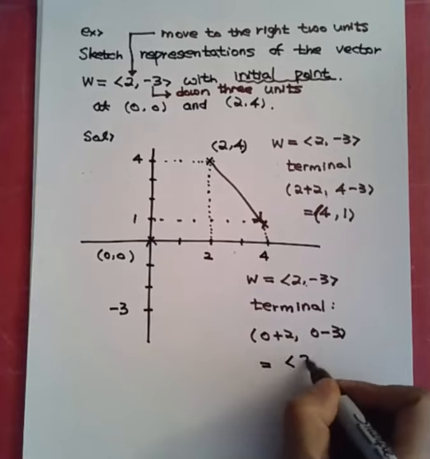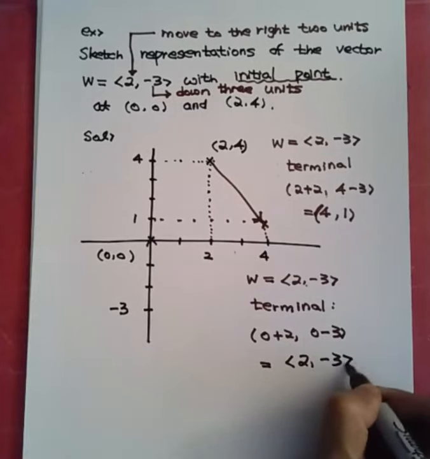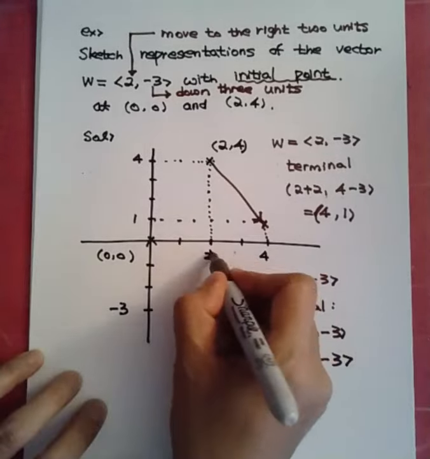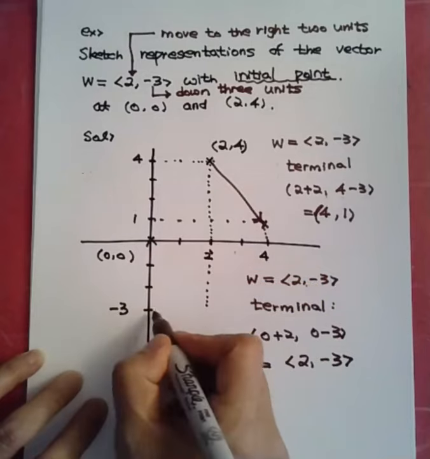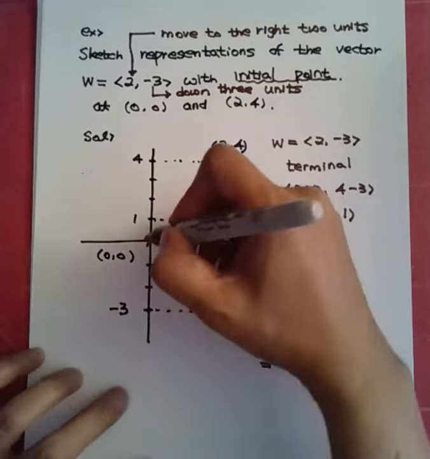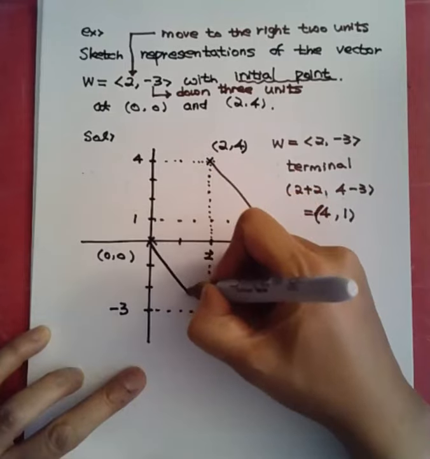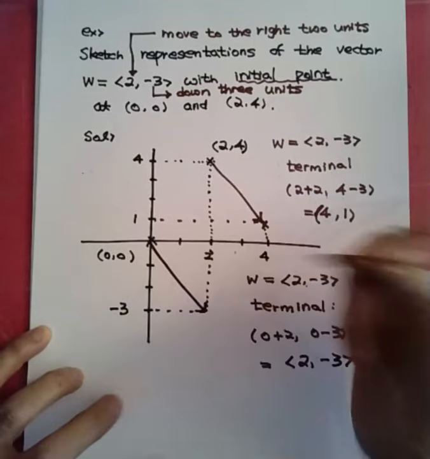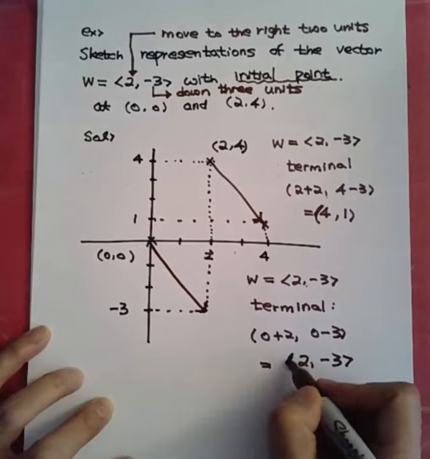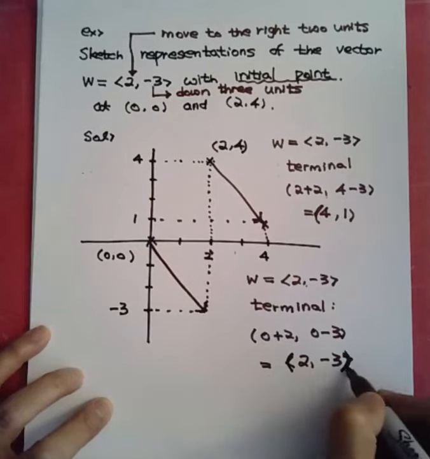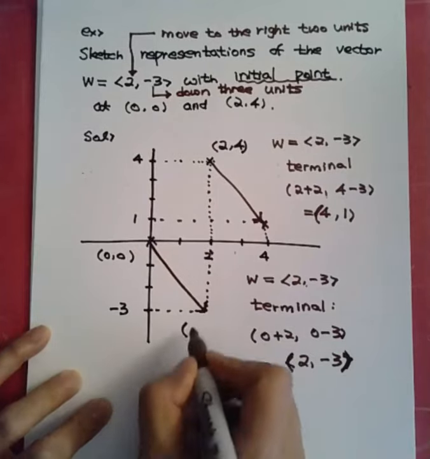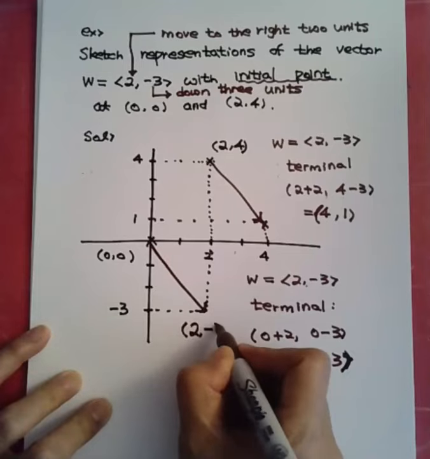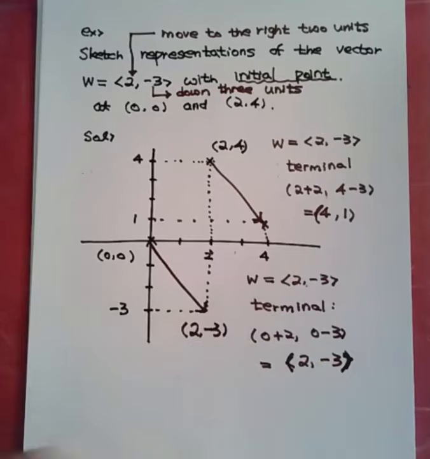So that is (2, -3). This is indeed the coordinate. So this is the terminal point.